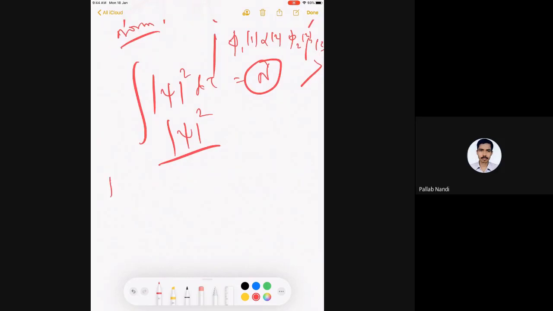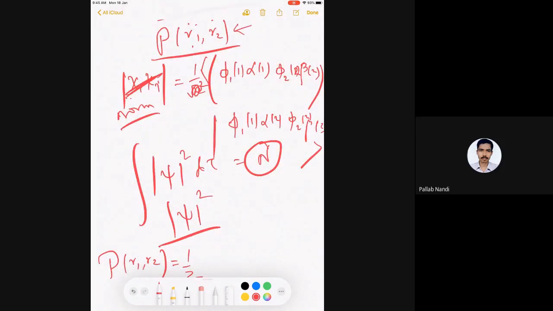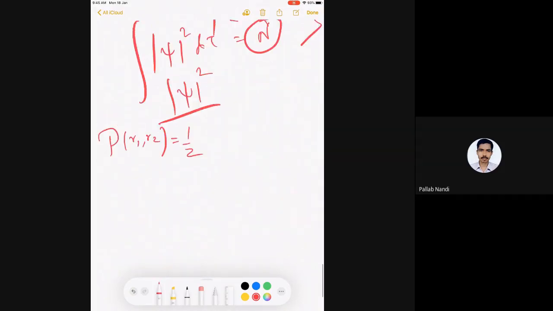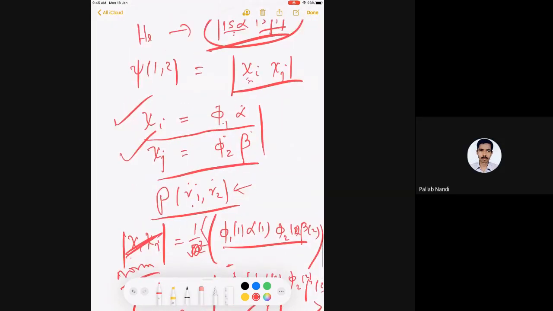So let me now write the probability of R1, R2. Let me go through very slowly. I have half, I have 2 and 2, 4 terms, right? So there is a minus in this thing. I have 2 and 2 terms. Here there is an exchange term, here there is an exchange term. So I will write the exchange term here first. Remember my determinant: chi I(1) chi j(2) minus chi I(2) chi j(1).